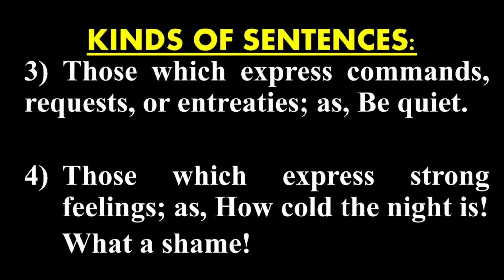Number 3rd is those which express commands, requests or entreaties. In other words, you can say applications, as be quiet. And number 4th is those which express strong feelings, as how cold the night is, what a shame.